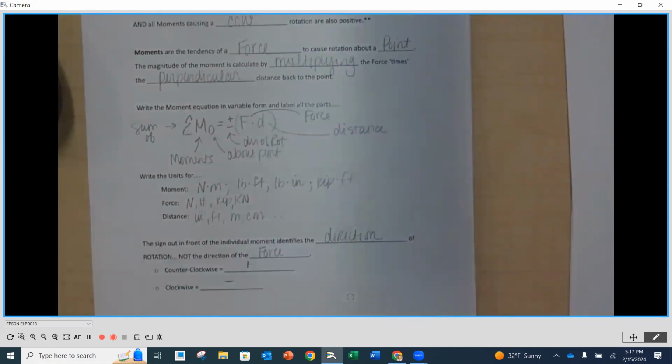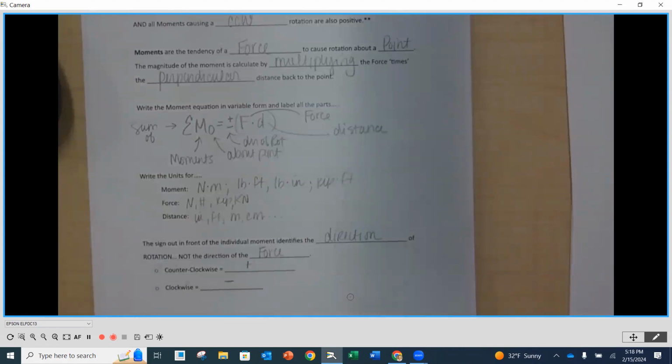Now torque fundamentally is different than a moment because torque is going to be something that is intentionally rotating about an axis, okay? Moment, on the other hand, is in relationship to things that probably aren't supposed to be rotating, but there is a rotation caused by offset forces.